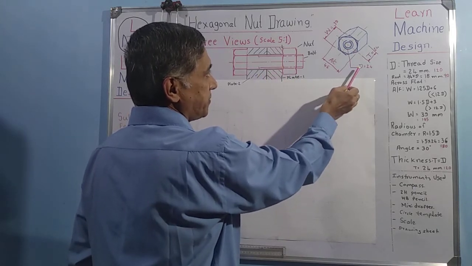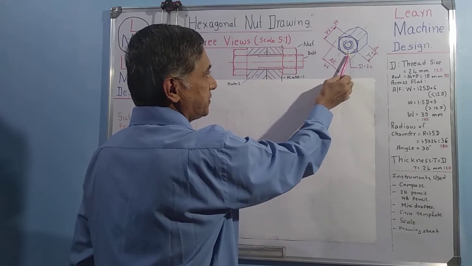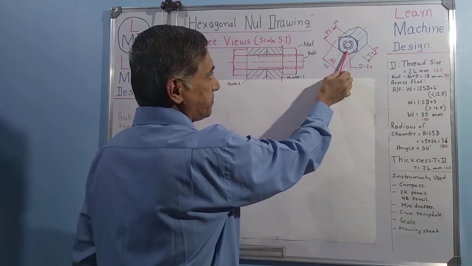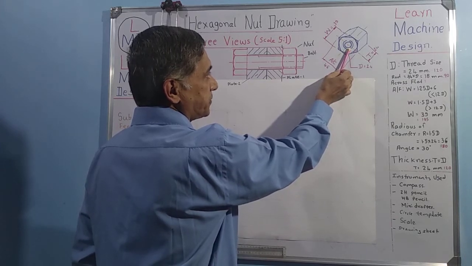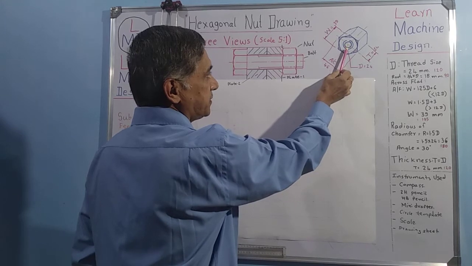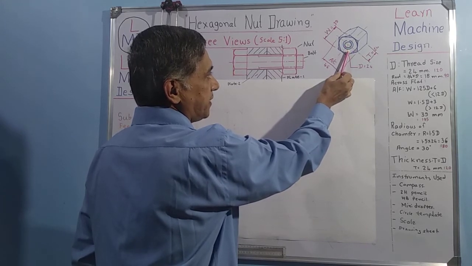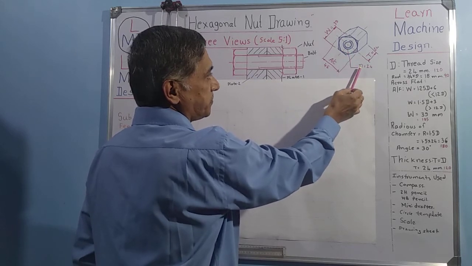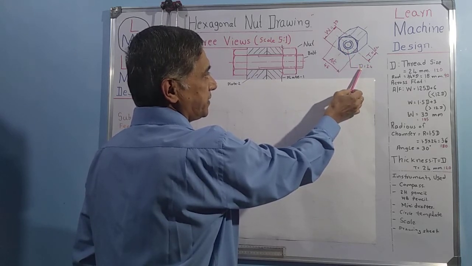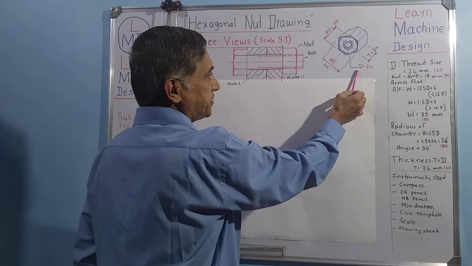One of the important parameters of this nut is the nut size. Normally, the bore size of the nut is called the nut size, and the specification of the nut is specified in this nut size only.